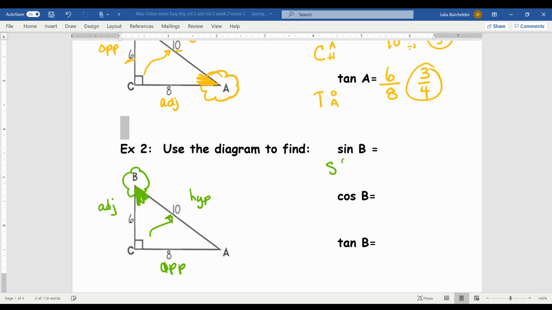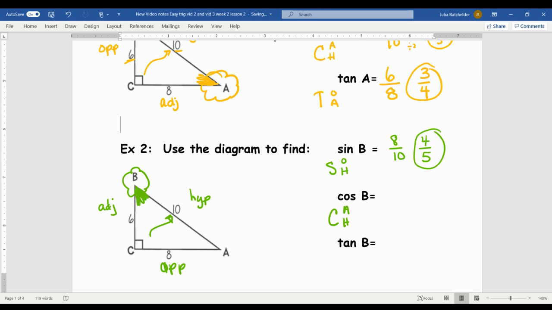Sine is going to be opposite over hypotenuse. So for angle B, the opposite side is 8. The hypotenuse is still 10. Again, we can divide the numerator and denominator by 2, and we're going to get 4/5. Cosine is our adjacent side over our hypotenuse.